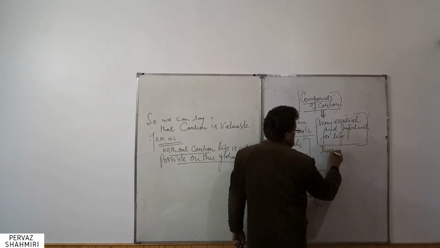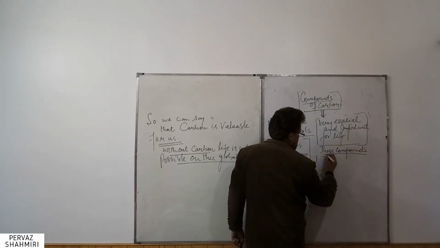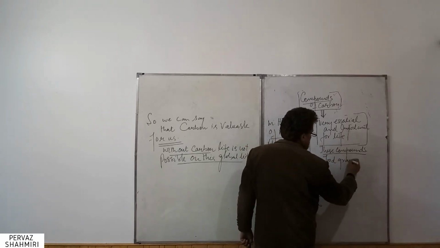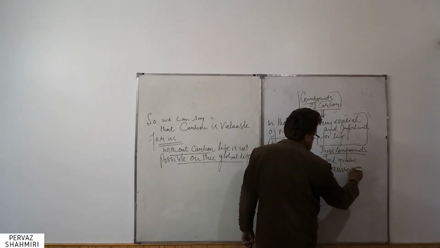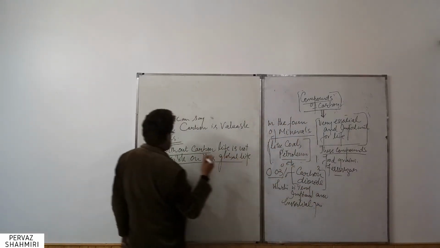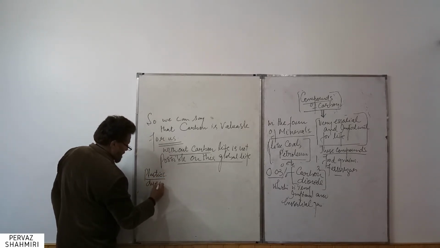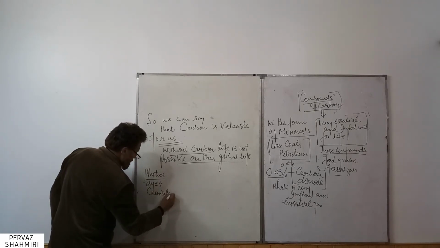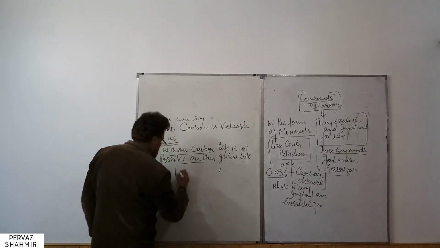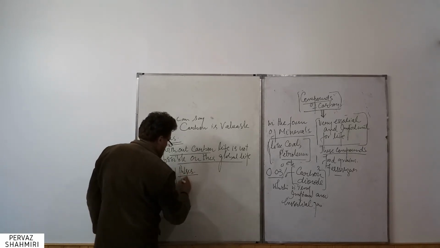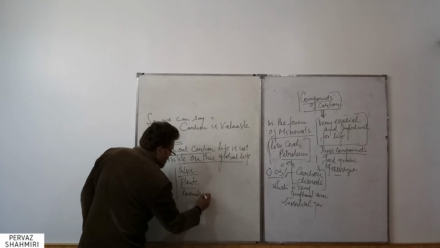These compounds are like food grains, fertilizers, plastics, dyes, chemicals, medicines, pulses, plants, animals, etc.